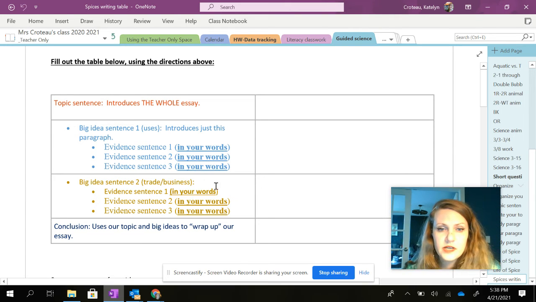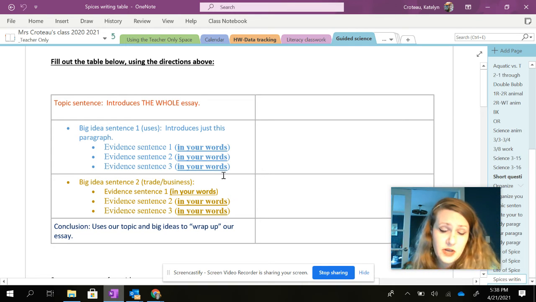If you are using 2 sources, then you want to make sure this evidence is coming from both Why Salt and Life of Spice. You want to have it from both, a mixture. Personally, I'd probably pick 2 evidence sentences from Life of Spice because that's a better article. It's way more information. And then I'd probably have 1 that was from Why Salt.